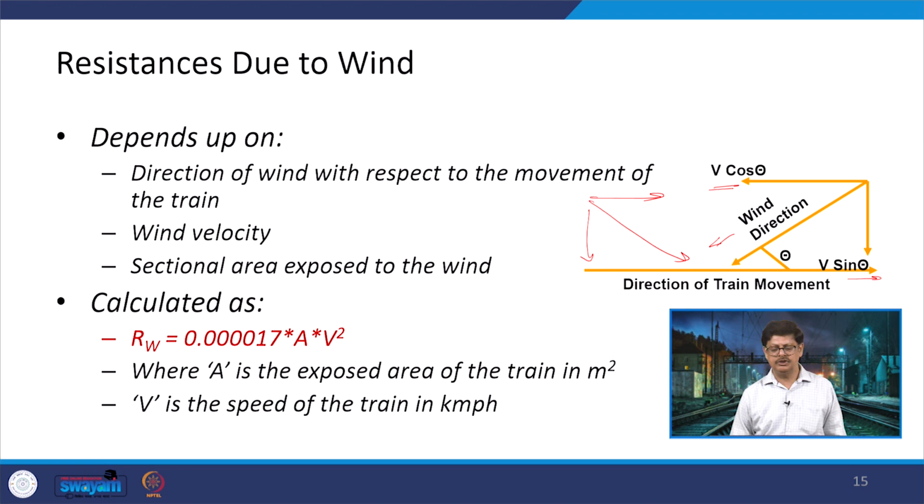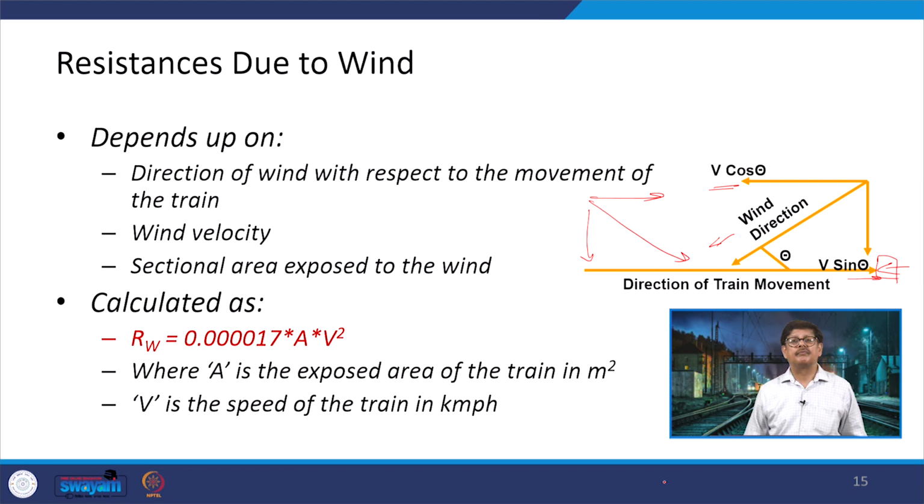So, we have V cos theta as that form. So, the wind velocity, the sectional area, that is another thing, because how much of the area is being exposed? The whole of the train is exposed actually. So, whatever is that sectional area, the wind will affect that. So, when we talk of V cos theta, the train is moving in this form and this is the sectional area which is going to be affected.